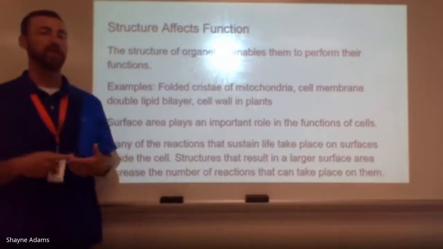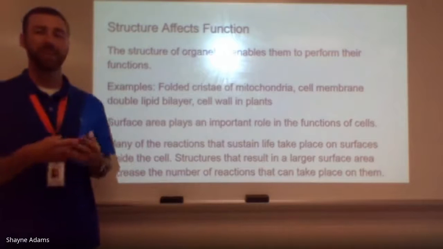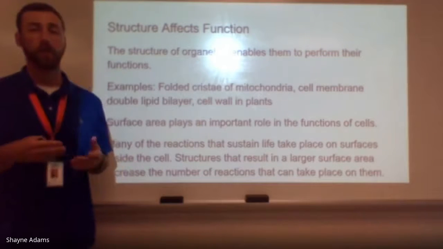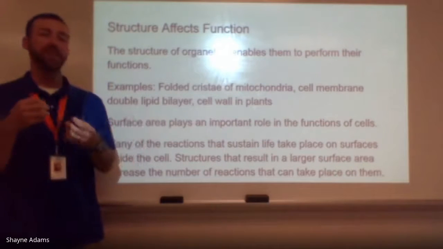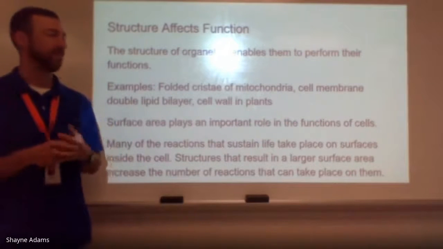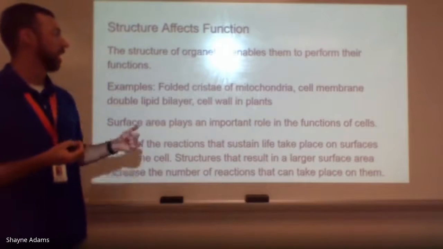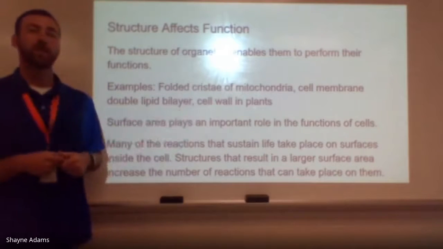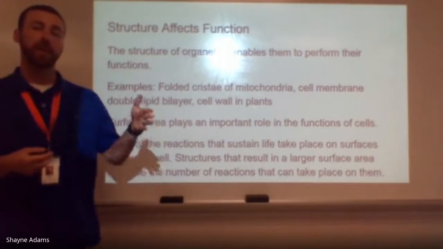And think about everything we talked about during these examples here. The folded cristae of the mitochondria gives us more surface area for more reactions to make more ATP. The cell membrane has the double lipid bilayer that acts as a selectively permeable layer. It's a waterproof layer. All right? The cell wall in plants. These are all examples of structure affecting the function.